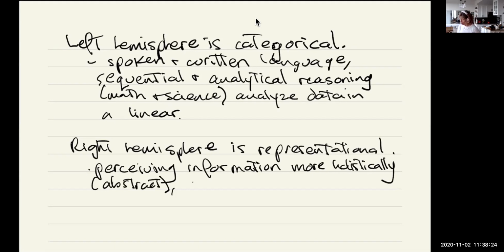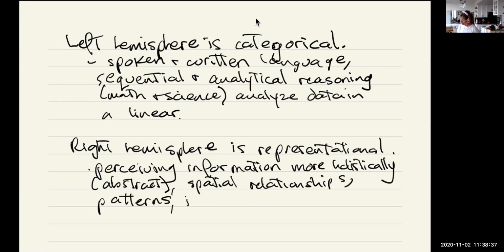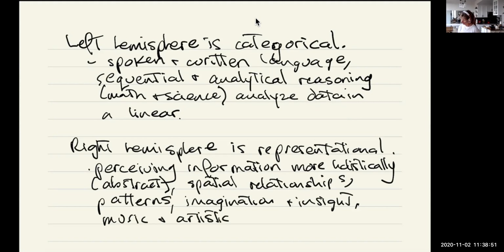Perception of spatial relationships. Patterns. Imagination. And insight. Music. And artistic skill.